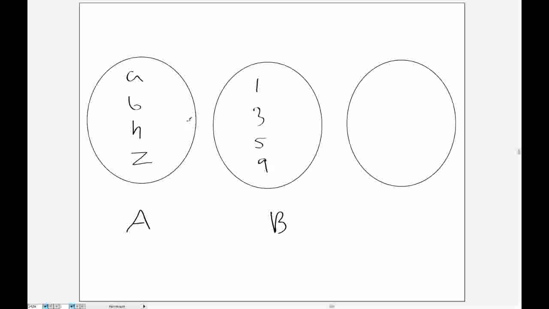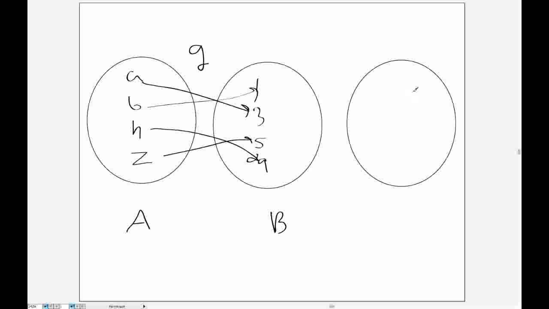And let's say there's some function between these two, g, that maps these letters that are within A onto numbers that are within B. It doesn't matter which one they map to. B goes to 1, A goes to 3, H goes to 9, and Z goes to 5.